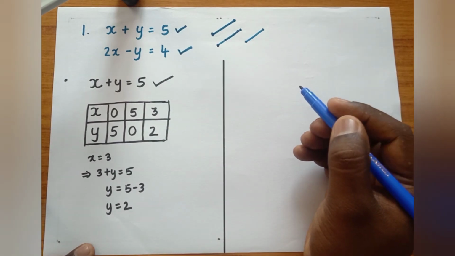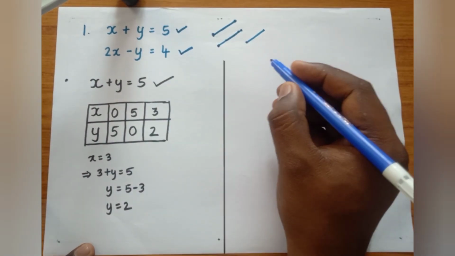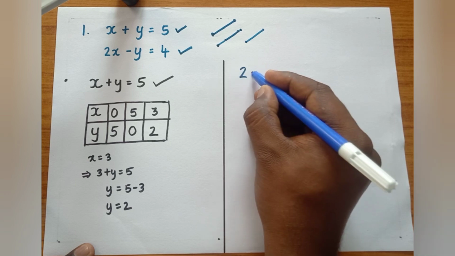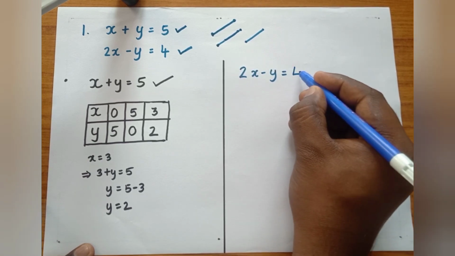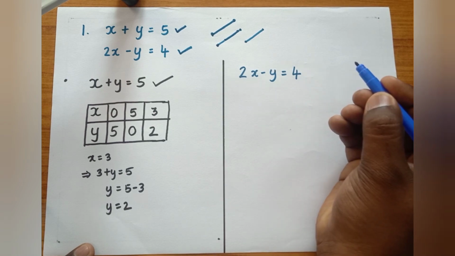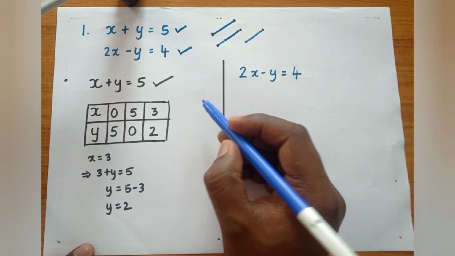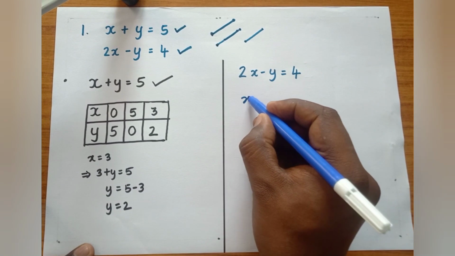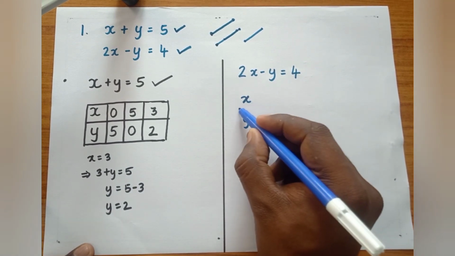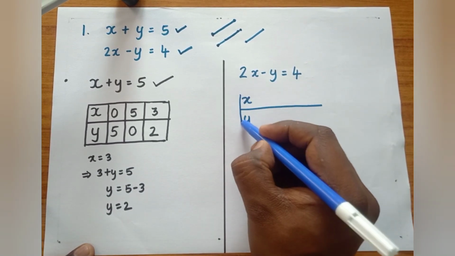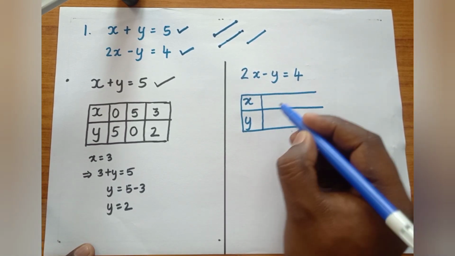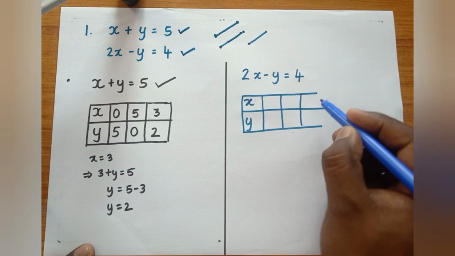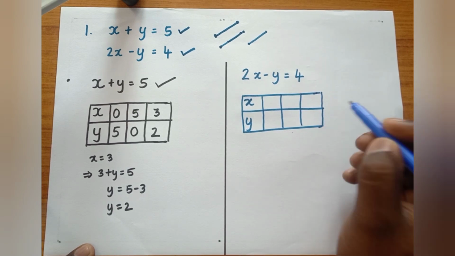Students, now consider the second linear equation, that is 2x minus y equals 4. The steps are the same, that is we need to form a table of x and y. Minimum 2 points are required, but I'll take an extra point.